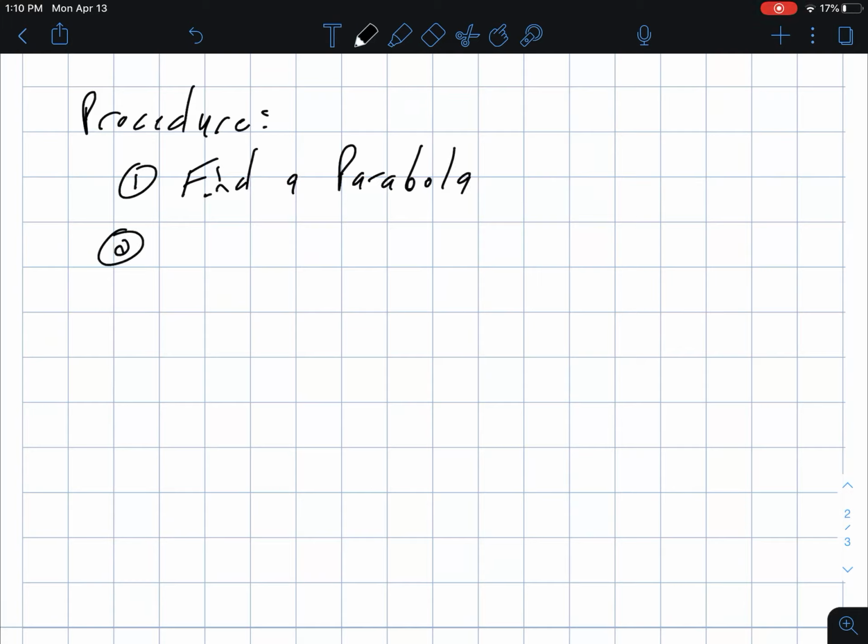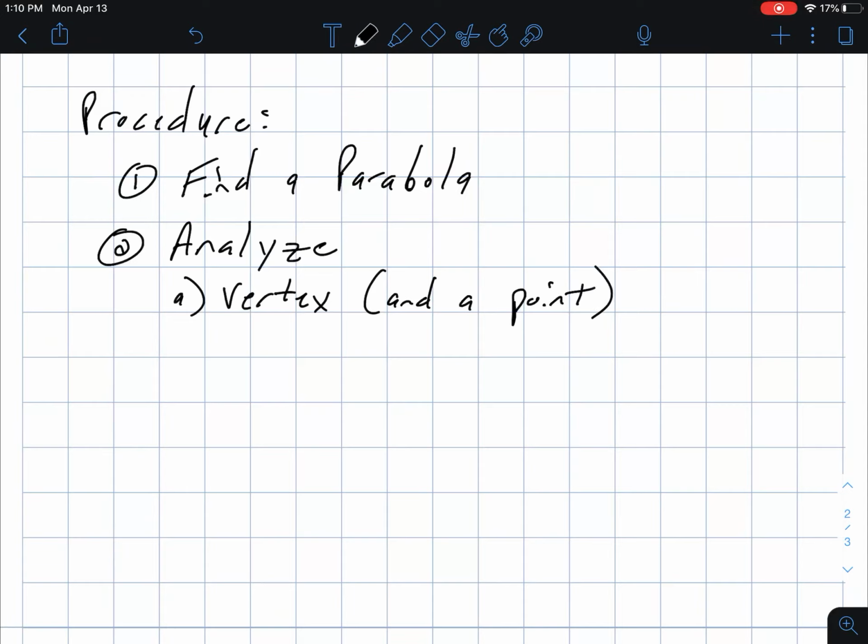And then you're going to really kind of analyze it and break it down. So first thing is your vertex should jump out at you. So go ahead, find your vertex. And then along with that, I'm going to also remind you to just find another point on your parabola. Okay. So find your vertex and a point.